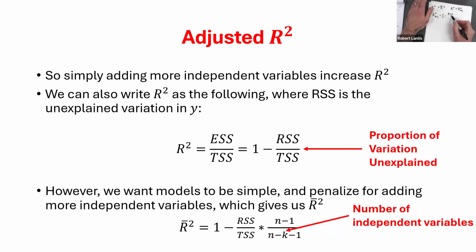So this is how much is in the error term that we couldn't explain, divided by the total amount of variation. So the unexplained variation divided by the total variation. And then we multiply this by this factor of n minus 1 over n minus k minus 1.